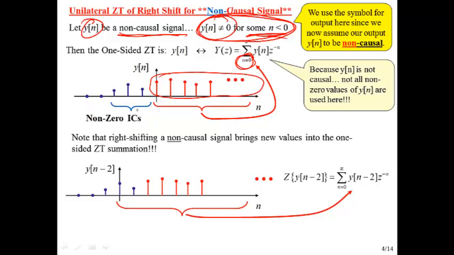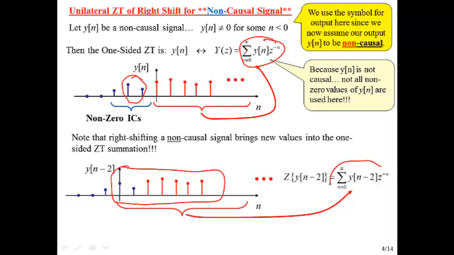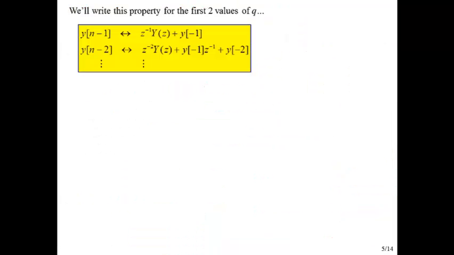So if we were to take the Z transform of, say, this shifted thing, shifted by 2, two of these things that were not included in this sum now get included in the sum that is done for the unilateral Z transform of this shifted version. And so we need to account for that. So we're asking, what is the Z transform of this shifted signal when we have a non-causal signal?